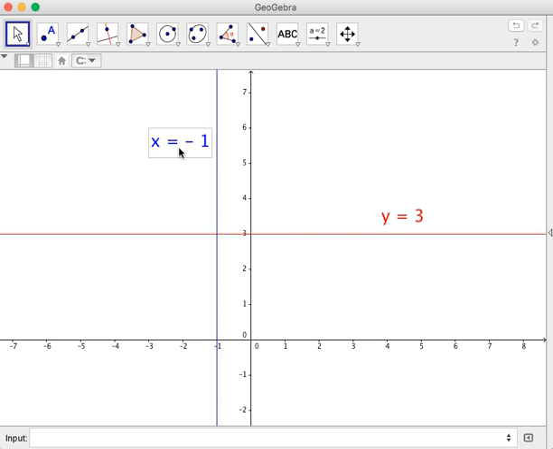So when we say x equals -1, these are all the coordinates whose y is varying but whose x is equal to -1. And as we can see, it's a vertical line.